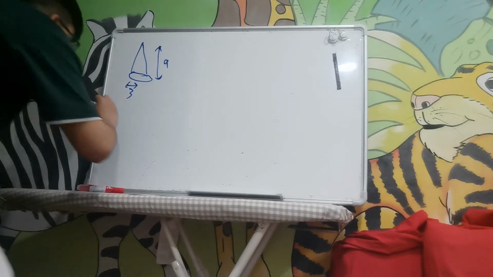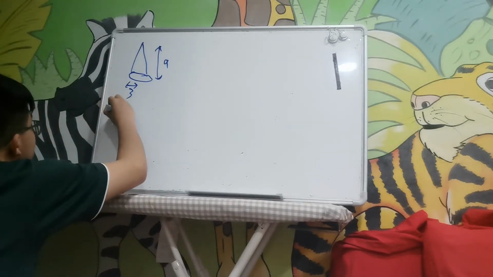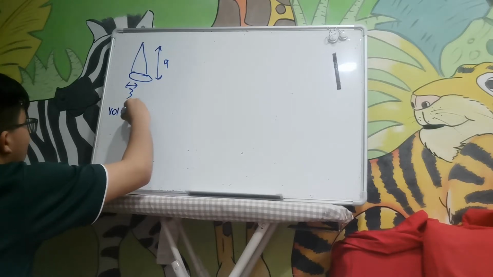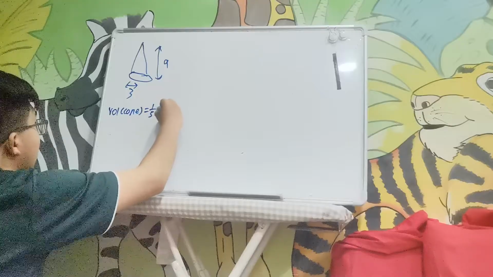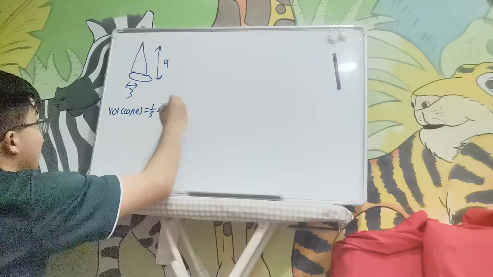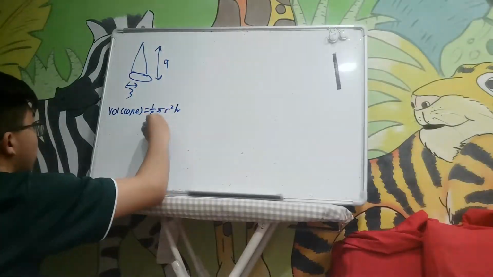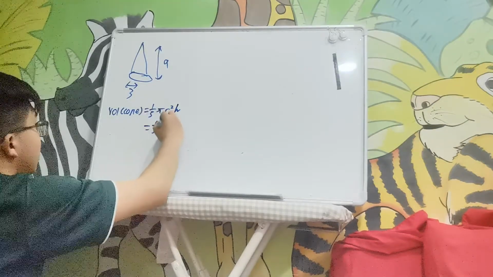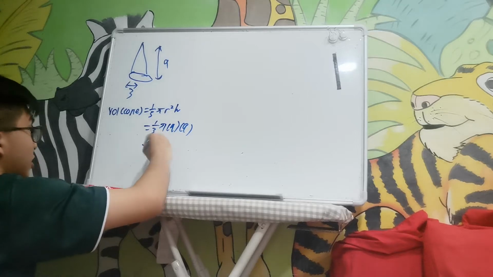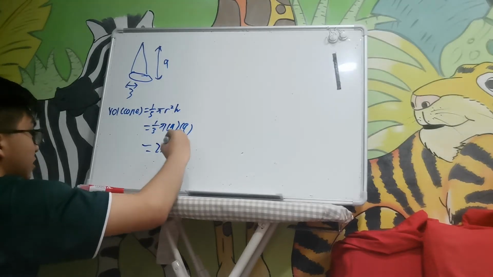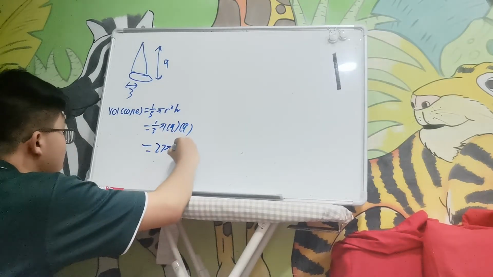So let's do some simple math. The volume of the cone is 1/3 pi r squared height, which is 1/3 pi times 9 times 9, which is 81/3, 27 pi cm cubed.